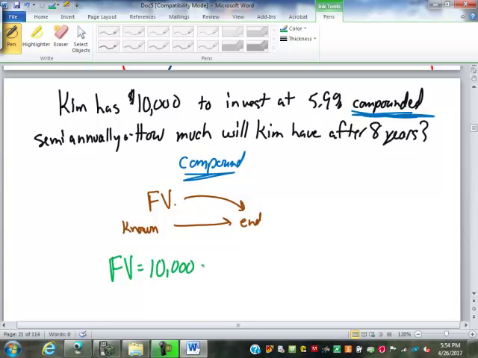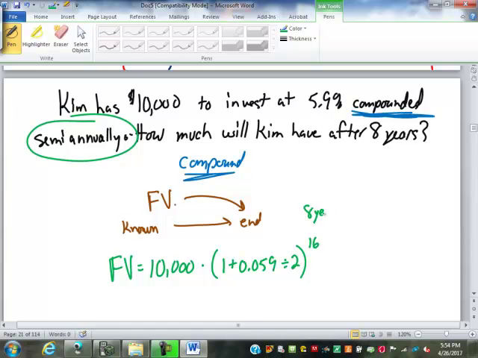$10,000 times 1 plus 0.059 divided by 2. Where's the 2 come from? Semi-annually. You bet. Power of 16.